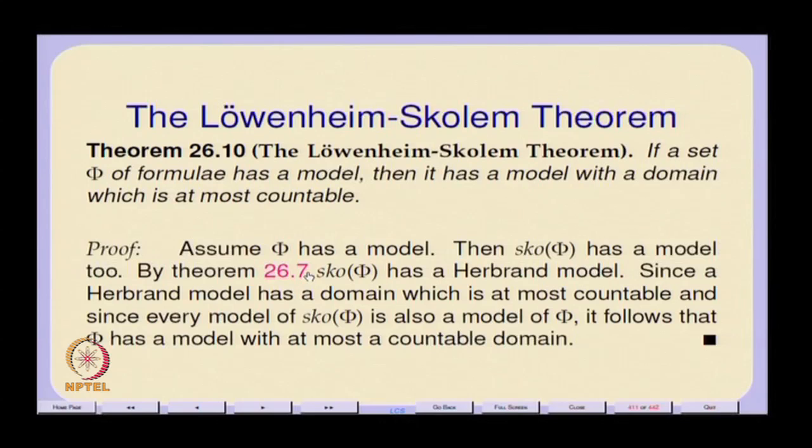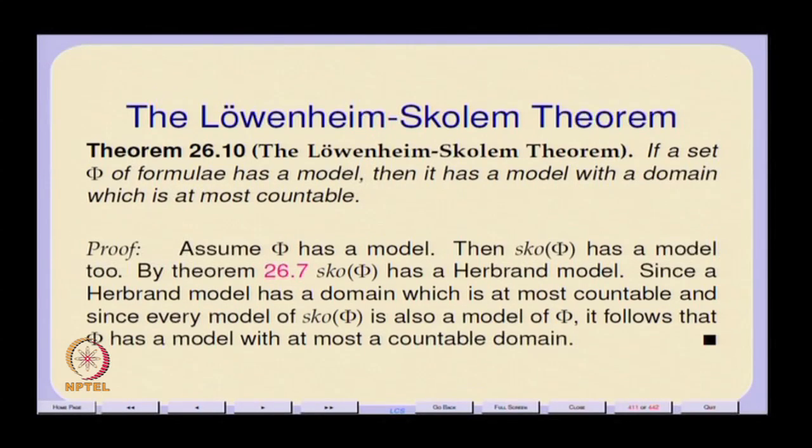So, let us look at the proof. Assume phi has a model, right. Then the Skolemized version of phi has a model by theorem 26.7. So, it has a Herbrand model, that is basically Herbrand's theorem.